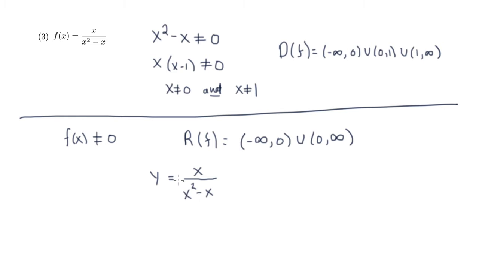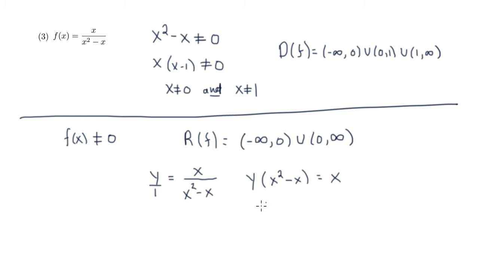So let me just switch some things around. And so we'll have y times x squared minus x equals x. Here I'm just cross multiplying. I'm trying to solve for x here.